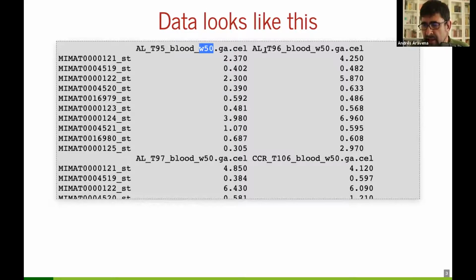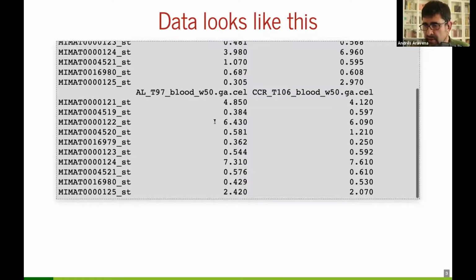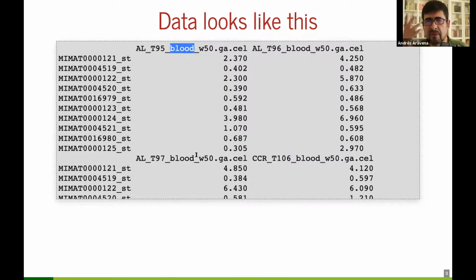Then this T is the particular animal; it's the replica name. And as you see, we have tissue. In this case, there are 3 tissues: blood, brain, and breast, mammary tissue. I didn't print all of them, but these are the conditions: tissue, time, and diet.